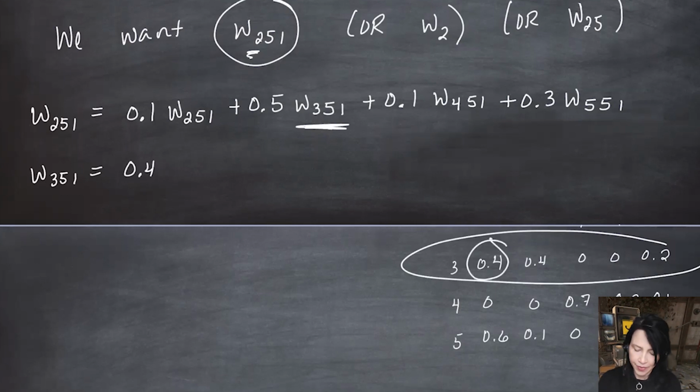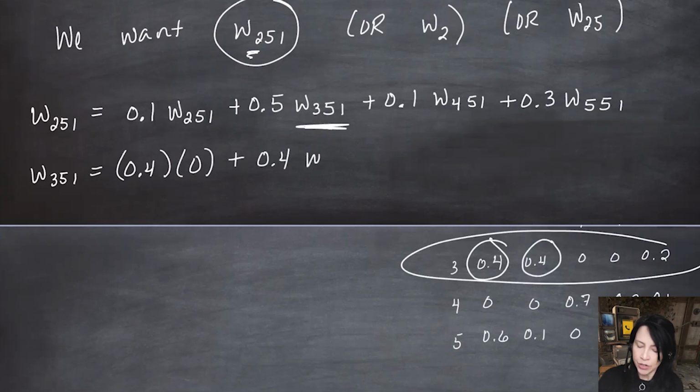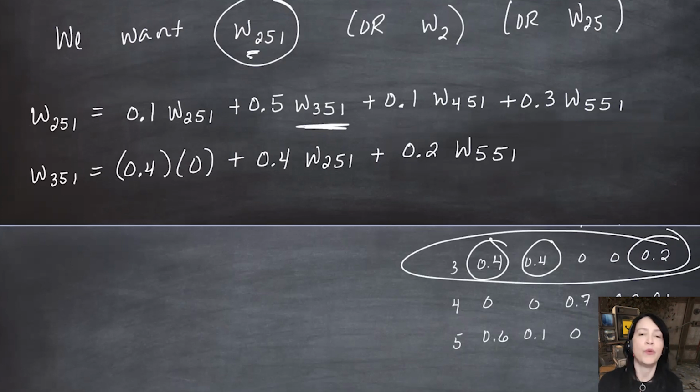That's the 1 column. And that means I have 0 hits on state 5. It's over. I hit state 1, the chain has stopped. With probability 0.4, I go from 3 to 2, and now I want to start at 2, count the number of hits on 5 before I stop at 1. And with probability 0.2, I go to 5. So with probability 0.2, I'm starting at 5, counting the number of hits on 5, and stopping at 1.